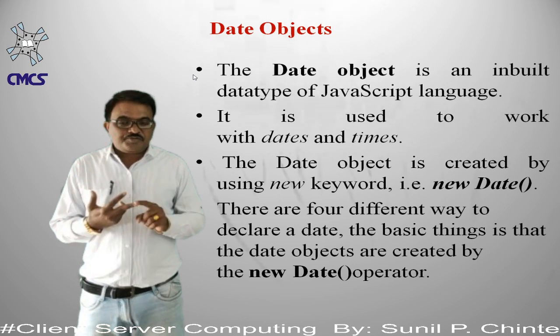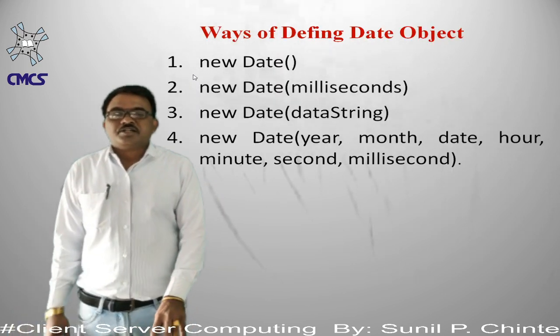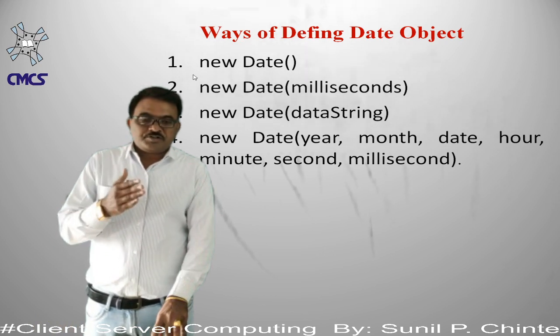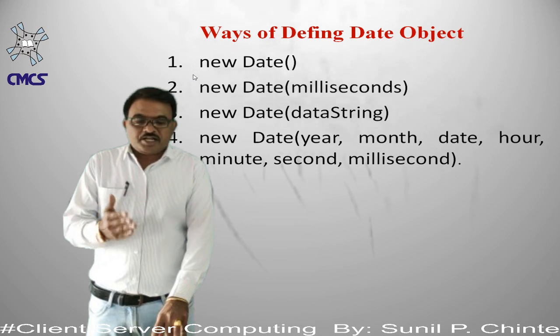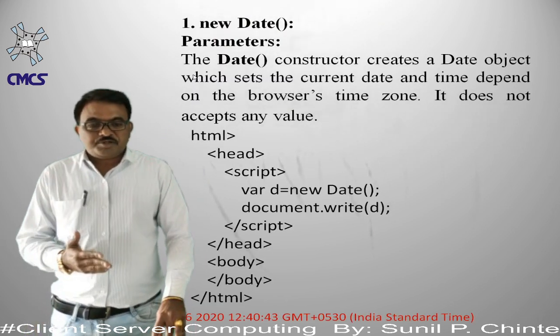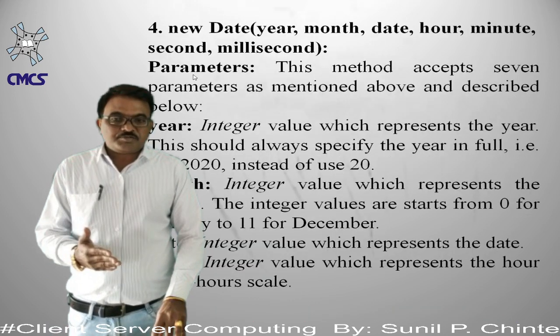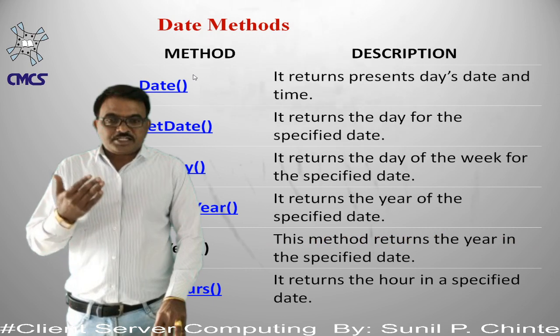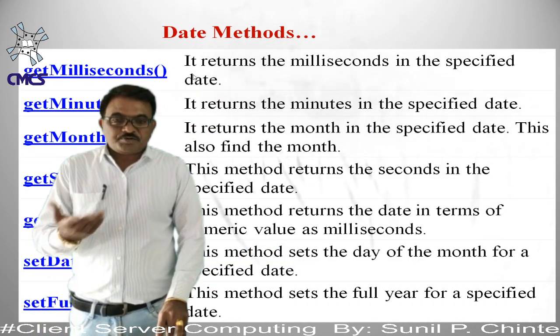There are four different techniques through which we can create date objects. The first one is the date constructor without arguments, and the rest three are with some arguments. With the help of these four ways we can create date objects, and these date objects have different methods that I have already explained to you.